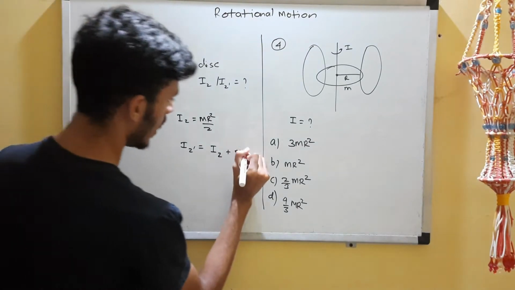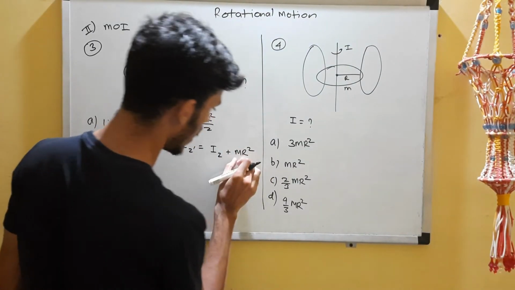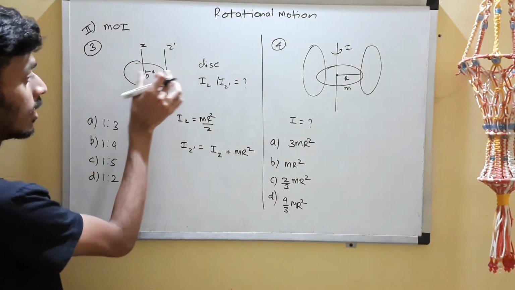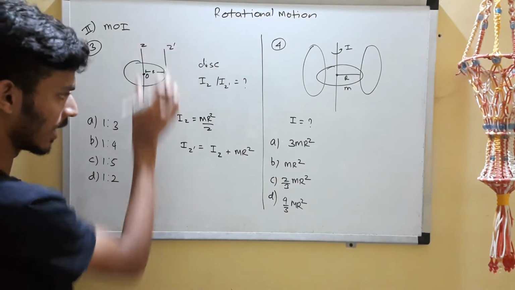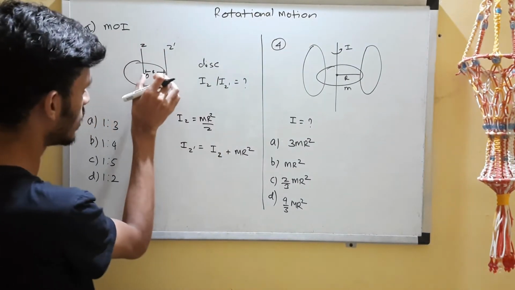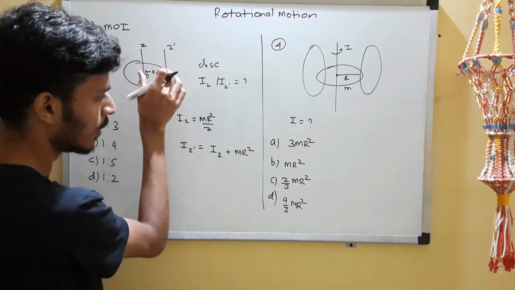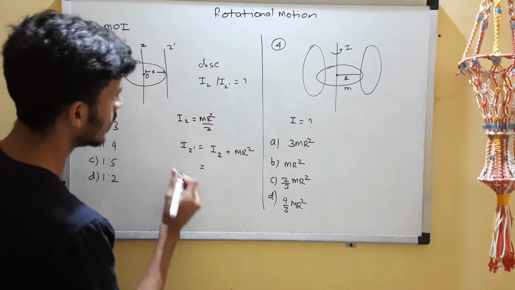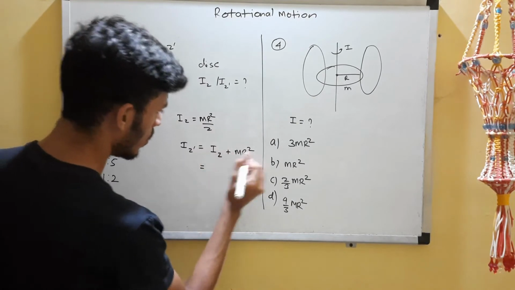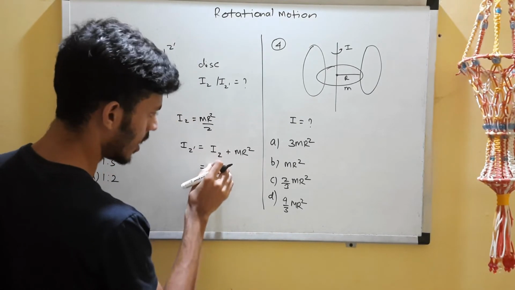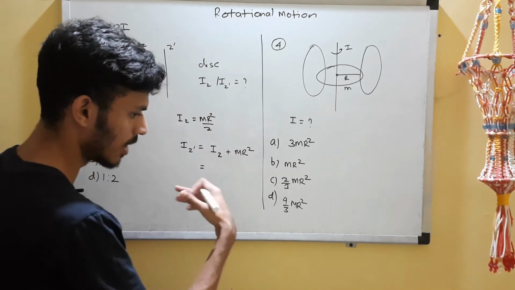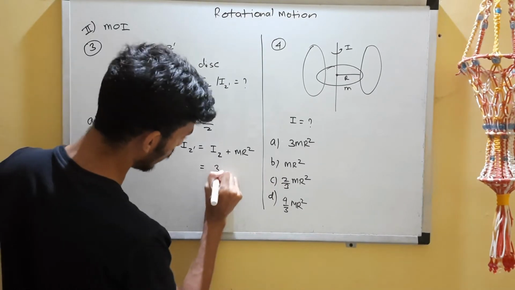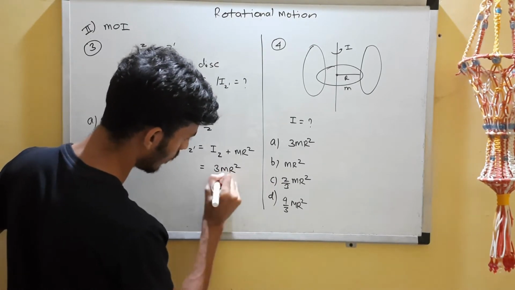Now Iz we know as mr square by 2. So here basically mr square by 2 plus mr square, 1 plus half, which is 3 by 2.